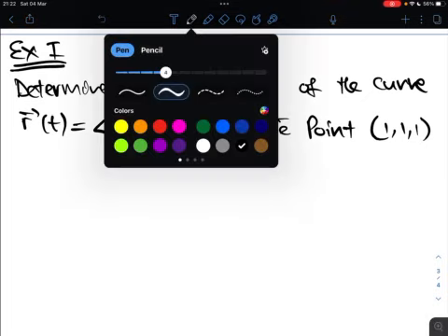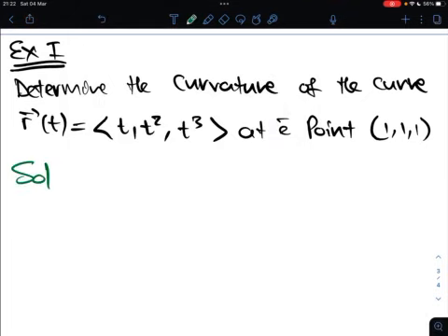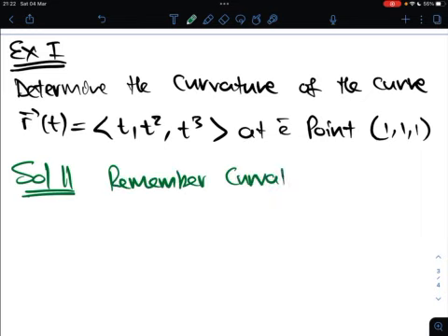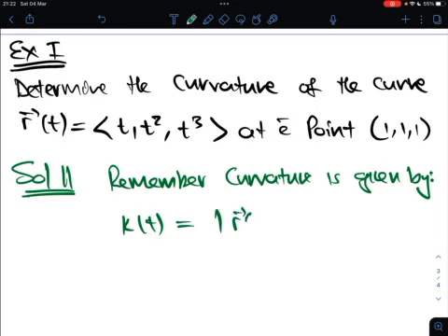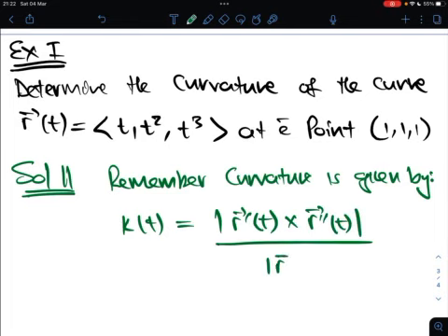To work this one out, we are first going to recall the formula that we need to evaluate curvature. Remember, curvature, which is K of t, is given by the absolute value of R prime of t crossed with R double prime of t over the absolute value of R prime of t all cubed.